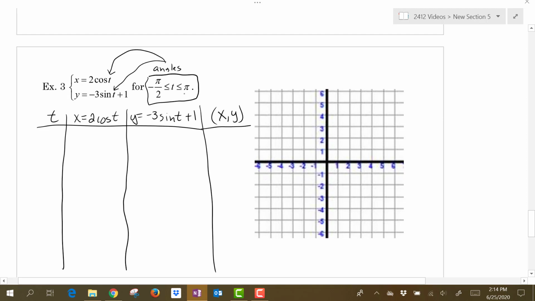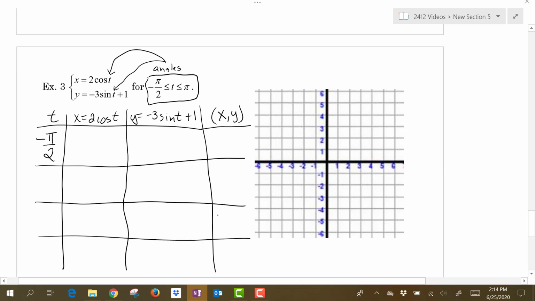Now, the smallest t-value that we have there is negative pi over 2, and we can choose values all the way up to pi. So we have to include in our table the smallest t-value, and we also have to include the largest t-value. Now what values you pick in between is completely up to you.